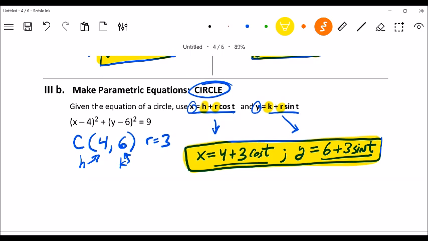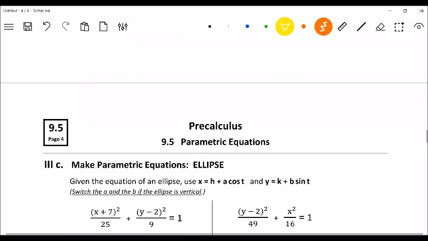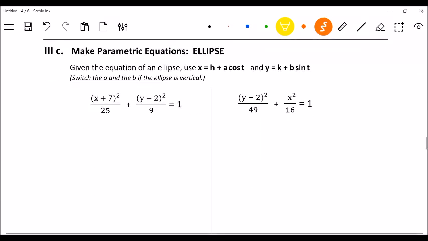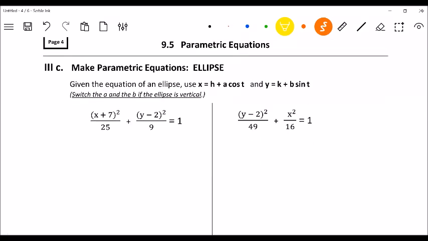On the next one, there'll be a twist, because in a circle, there is no vertical or horizontal that changes it. On the next one, on page 4 of the handout, for an ellipse, you could have an ellipse that's going vertically or horizontally.